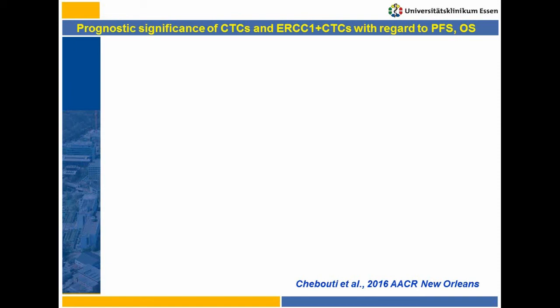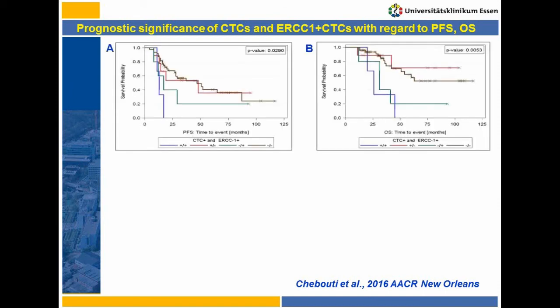So what is the prognostic significance of CTCs and ERCC1 positive CTCs with regard to progression-free survival and overall survival? So, the first two figures show you ERCC1 positive CTCs, and you can clearly see, looking at the blue and the green line, that those patients with the persistence of cells, or those patients changing from negative to positive, have a shorter progression-free as well as overall survival.